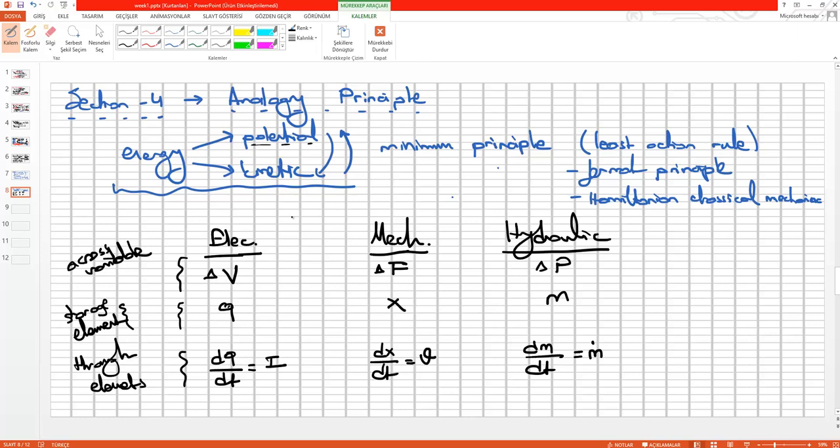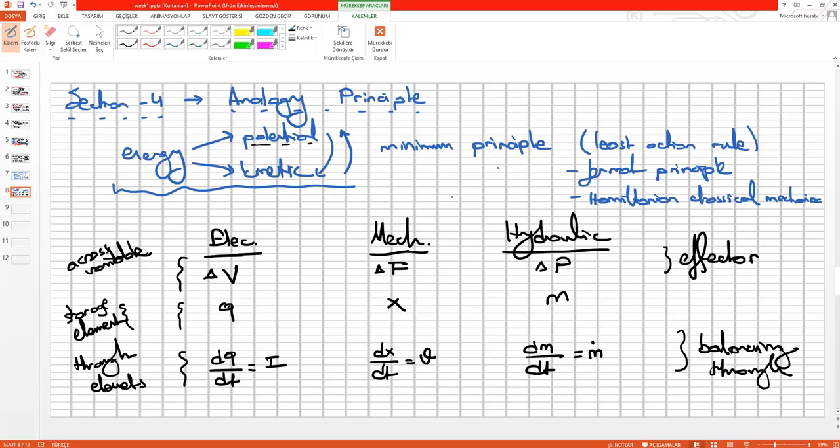And so if you have a system, we always apply the across variable to the storage elements, and the balance equation comes from the through elements, right? This is the effector of the system. This is the balancing current or through variable. This balance holds the system for a given across variable.